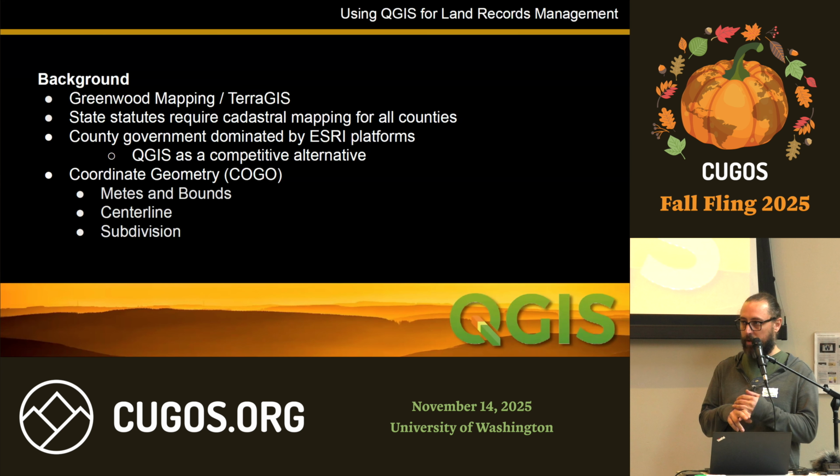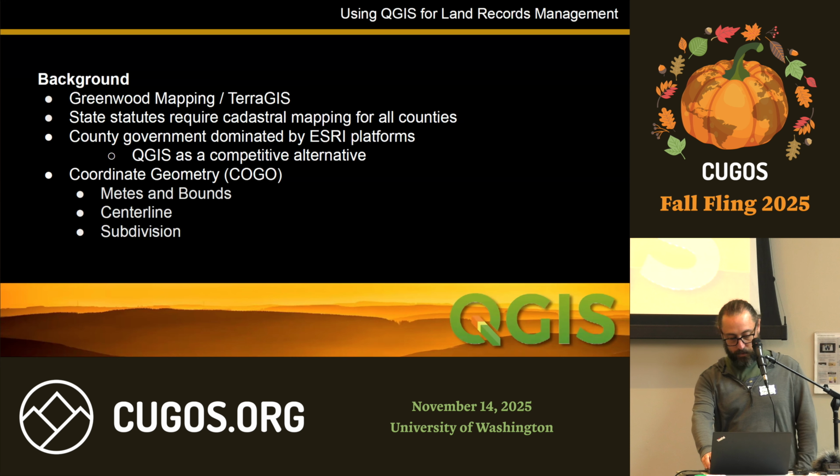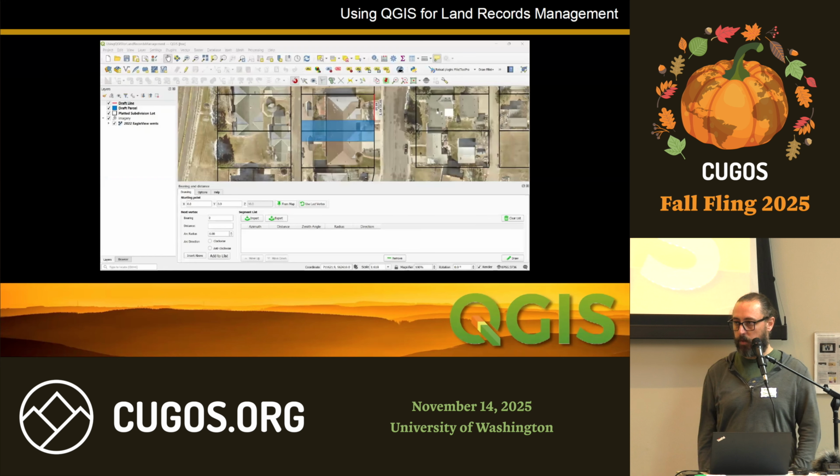So we're looking at metes and bounds descriptions, centerline descriptions, and subdivisions. So for the most part, using just general construction tools inside of QGIS, and some of the plugins for more complicated arcs or fillets and things like that. But for the most part, this is very comparable in regards to the management of those geometries.